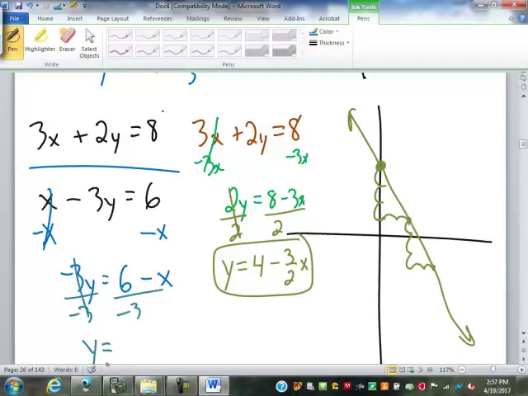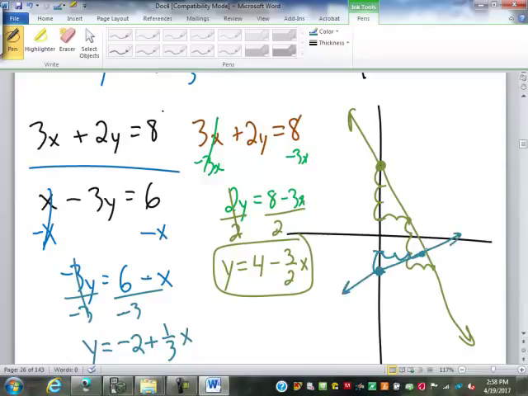So y equals 1 over 3x, but it's a negative divided by negative, so it'll be positive. So where do we start? Negative 2, and from there we go up 1 over 3.